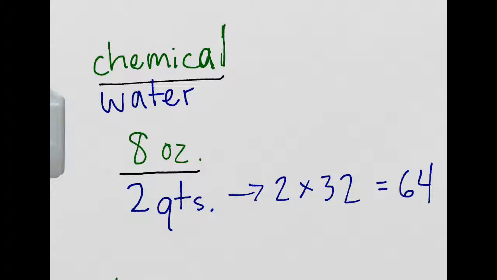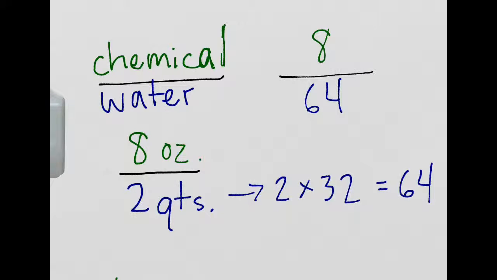So if I wanted to rewrite this ratio with just ounces and ounces, I would say that I have 8 ounces of chemical, and I'm going to put in 64 ounces of water. I'm going to mix those two things together. So you have a ratio now, and it's all in ounces. Now this is where we get to the simplifying part, right?